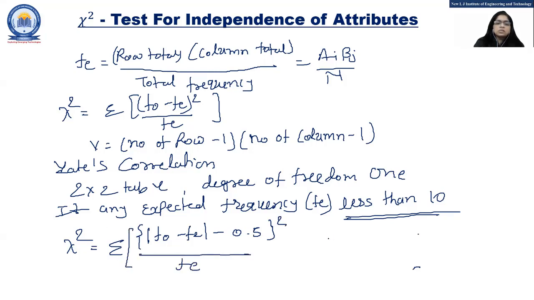And whole sigma is there, right? So this is known as the Yates correction, and Yates correction is applied for only 2 by 2 table.